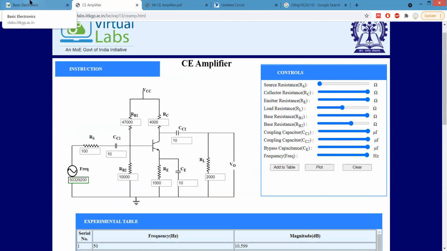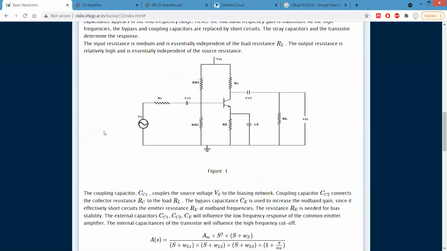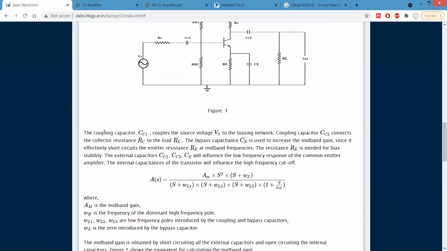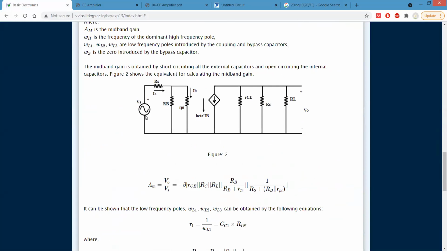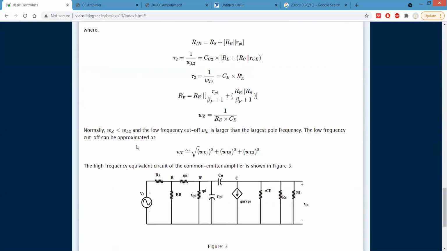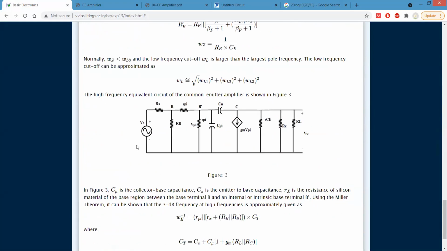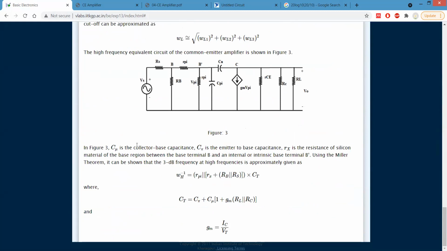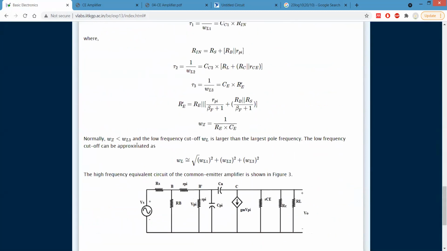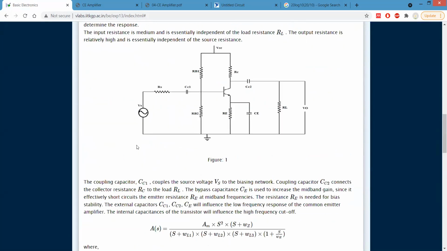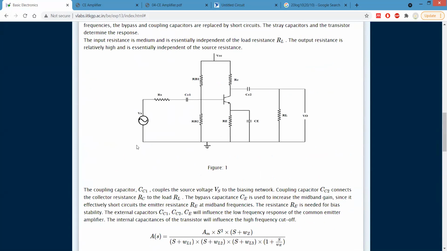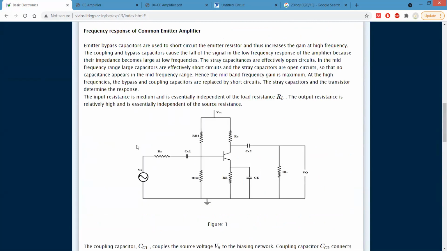In practice, you have to go through a little bit of theory from which this model comes. Different small signal analyses are also there. From there, you can initially calculate what the bandwidth will be, the lower cutoff frequency and the higher cutoff frequency. But in the experiment, you have to consider the value of the coupling capacitor and all the resistor values. You have to be conscious about that.